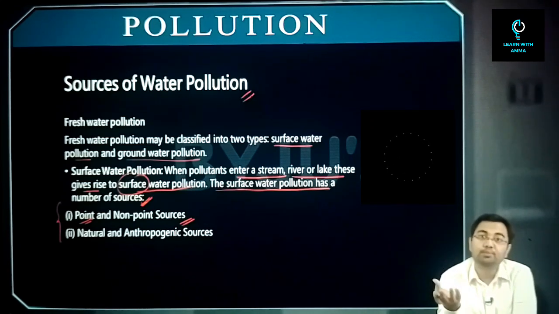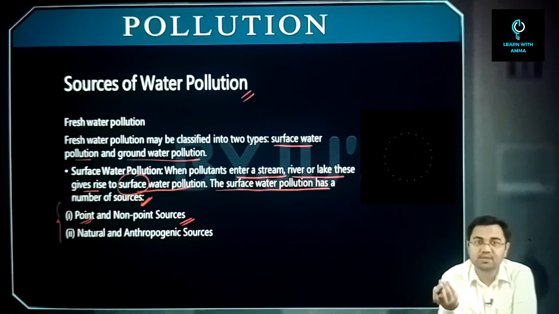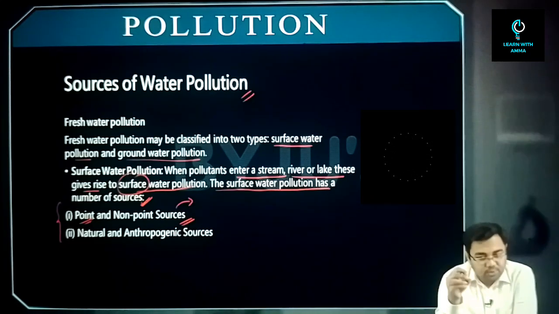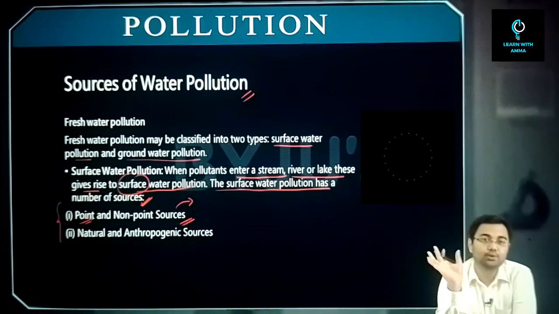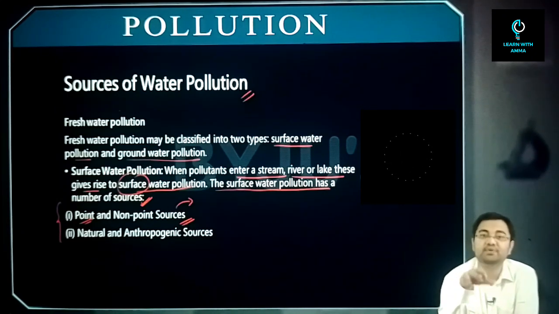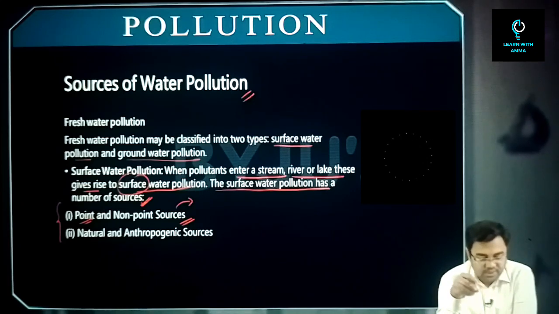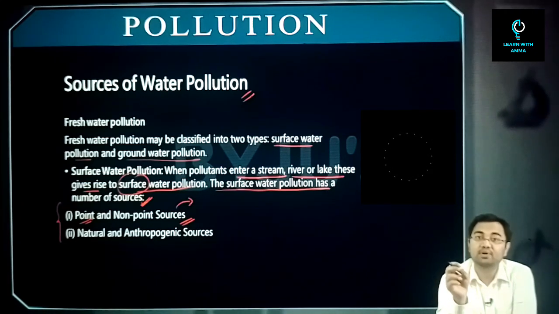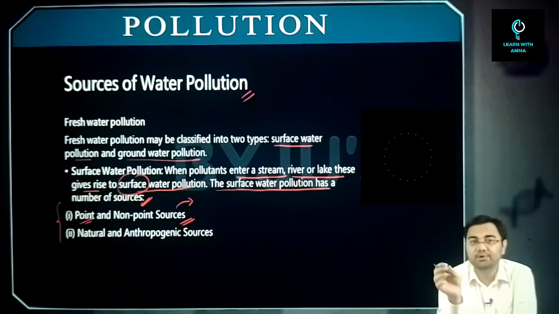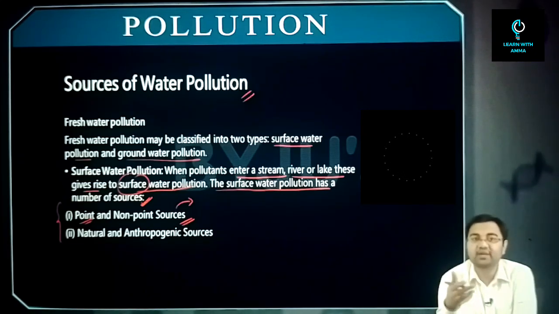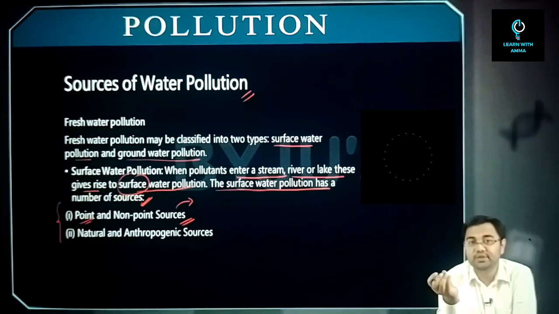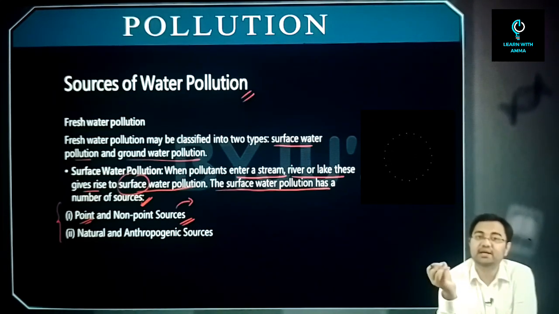Then you have non-point sources. What are non-point sources? Sources which cannot be effectively checked because they are very scattered and spread all throughout and would cause water pollution in various ways. So those kinds of sources are called non-point sources. This type of source delivers pollutants indirectly through environmental changes and accounts for the majority of the contamination in all the streams and lakes.